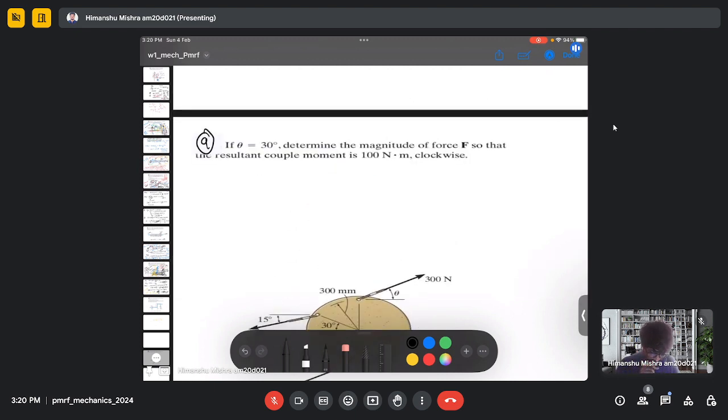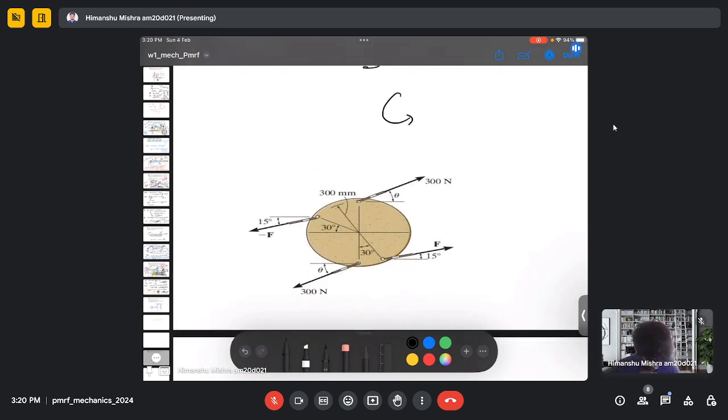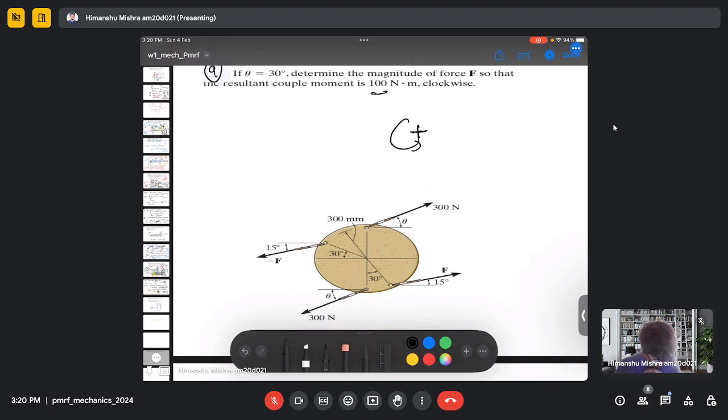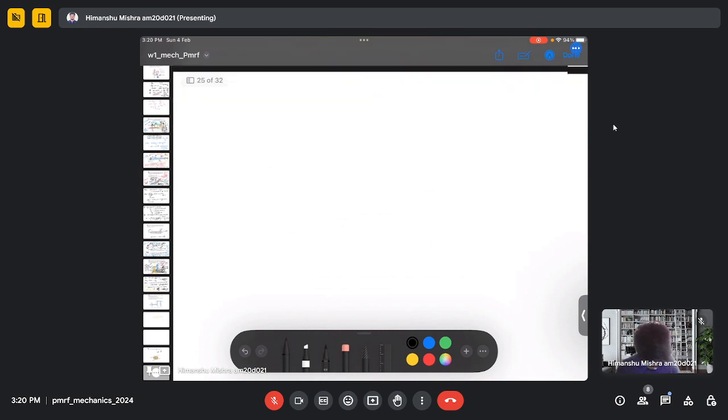We already have given the overall moment, and we need to find the force F. So let's consider the counterclockwise moment as positive, and clockwise moment as negative. And we have given a figure.